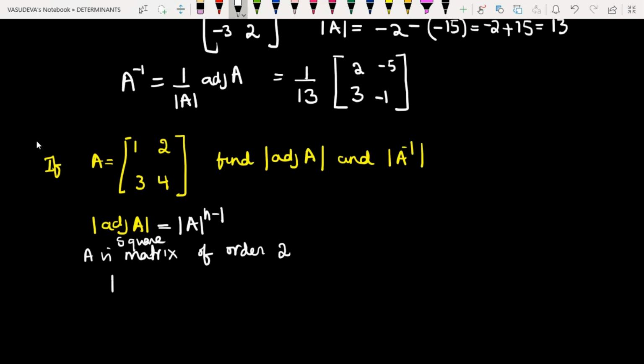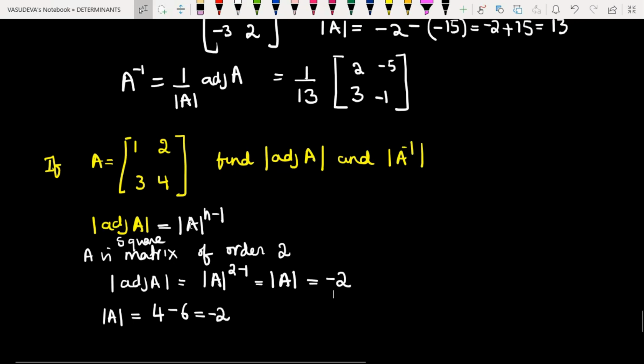Therefore, determinant of adjoint of A is determinant of A to the power of 2 minus 1, which is determinant of A. Determinant of A is 1 into 4 minus 3 into 2, that is equal to minus 2. So therefore, determinant of adjoint of A is minus 2.